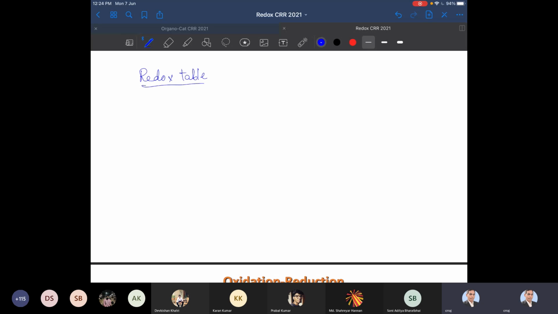In the JEE syllabus, you should have learned so much about the redox table. Can you tell me? Anybody? Aniruddha, tell me. Actually, I forgot. You forgot, okay. Anybody else? Sir, the reduction and oxidation strength table.